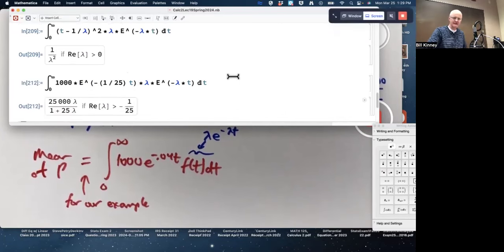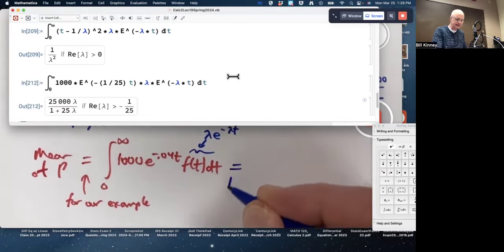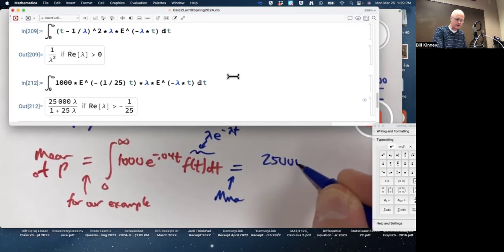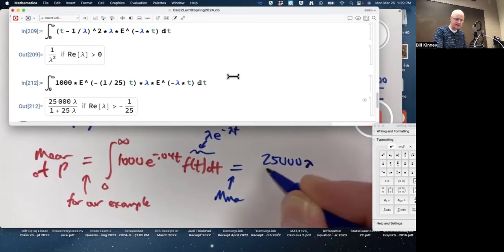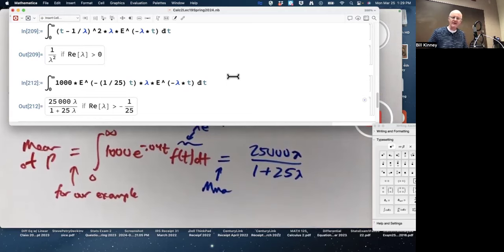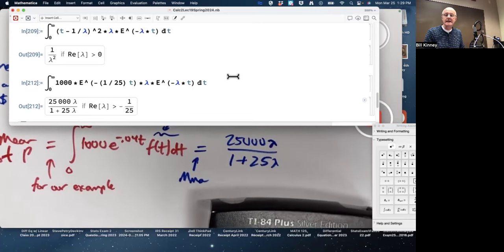And there it is. Mathematica seems to be saying that 25,000 lambda over 1 plus 25 lambda is the mean of P. What does this equal? It depends on lambda. It's really a function of lambda. I could even graph it.